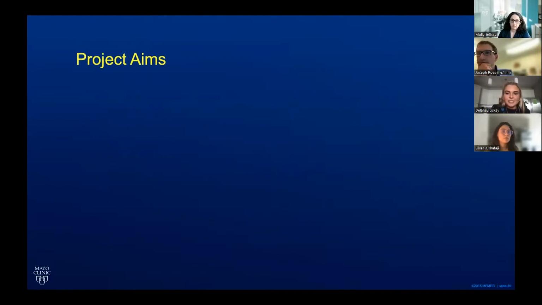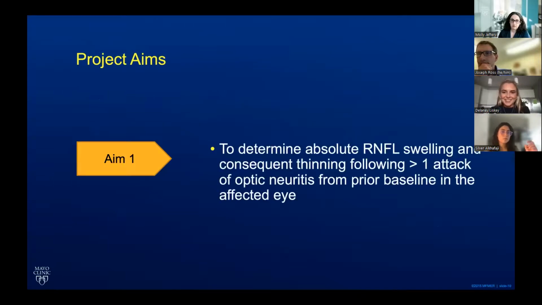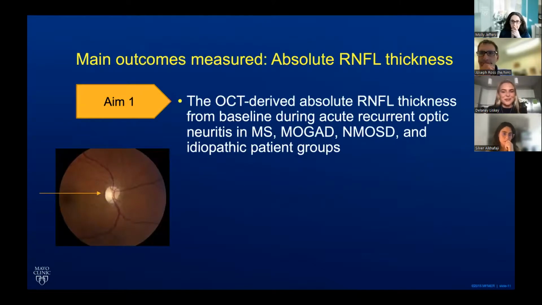And so our project really has one overarching aim, and that's to investigate the amount of absolute RNFL swelling and consequent thinning in recurrent attacks of optic neuritis. To break this down a bit further, we're investigating the amount of swelling after multiple bouts of optic neuritis.